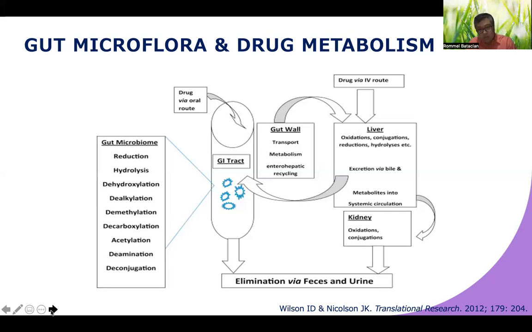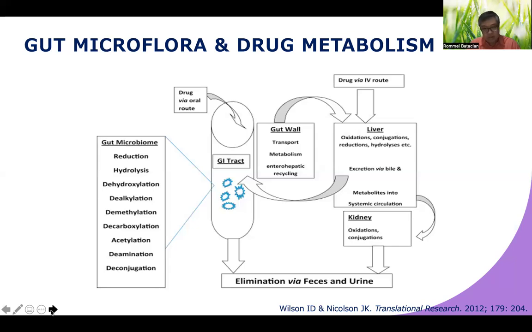So intake of prebiotics and probiotics can improve the population of gut microflora and therefore helps in regulating the gut physiology, protecting it from pathogenic microorganisms, and also helps in ensuring the balance in terms of drug metabolism if the patient is taking certain medications.